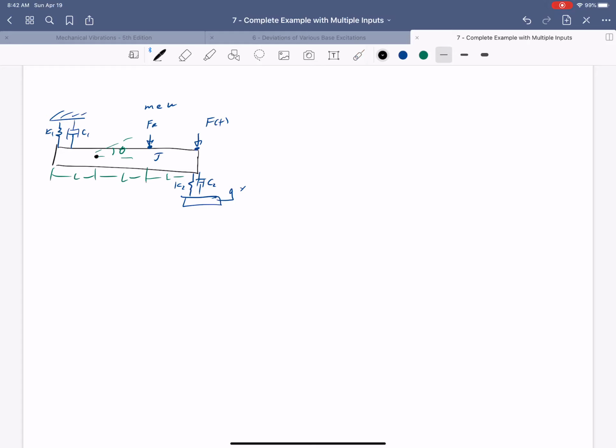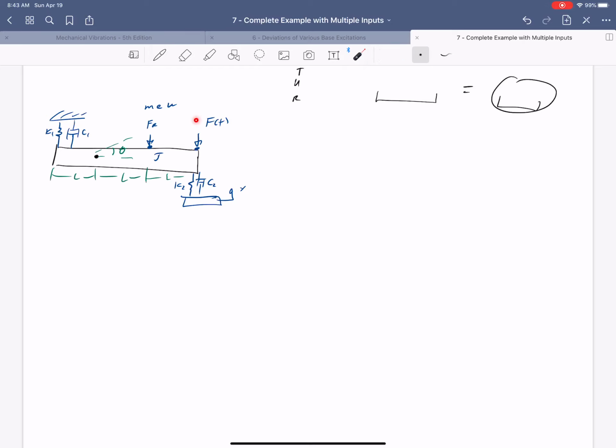So remember, Lagrange deals with energies. We've got the potential energy, the kinetic energy, and the dissipative energy. Then we have these extra forces here, and these are called non-conservative forces. They're non-conservative because they're coming from the outside and adding energy in. So when we do our Lagrange, we're going to put our non-conservative forces on this side of the equal sign.